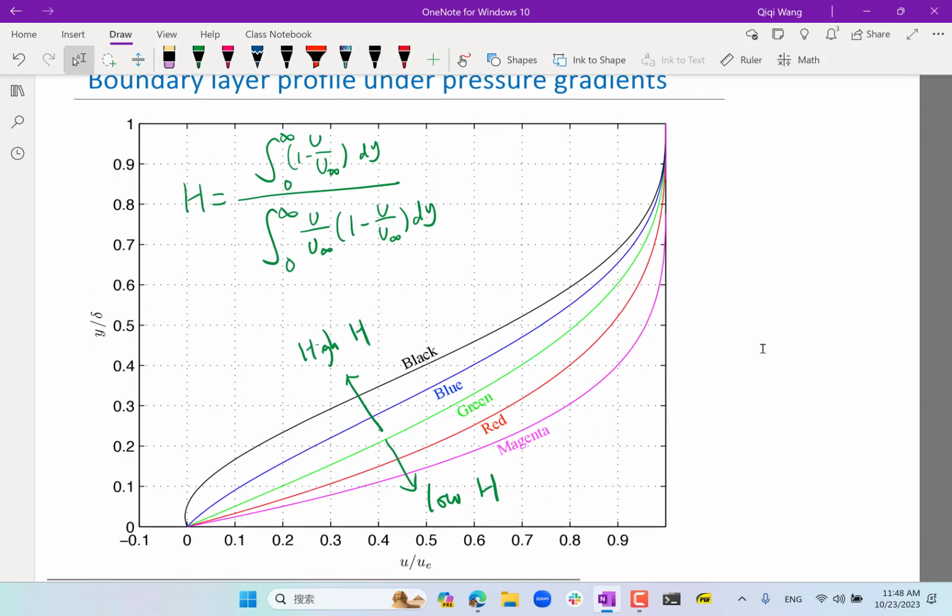Okay, and another thing is looking at the boundary layer, right? The black boundary layer is close to flow separation. This is actually a good profile to look at what might prevent flow separation from happening.